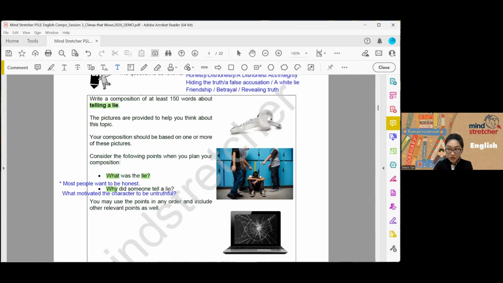If you are an honest person, you have good values and you have integrity, what will make you tell a lie? It must be something quite important, correct? Like if I don't tell a lie, something terrible is going to happen. So when you are planning, these are some things to consider.